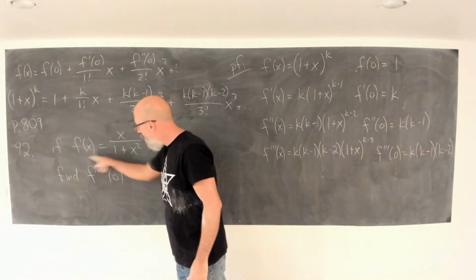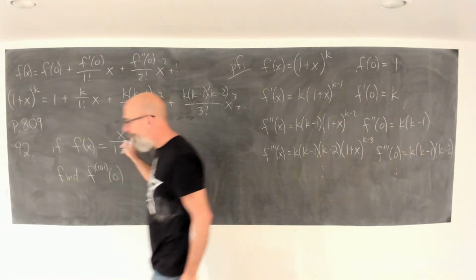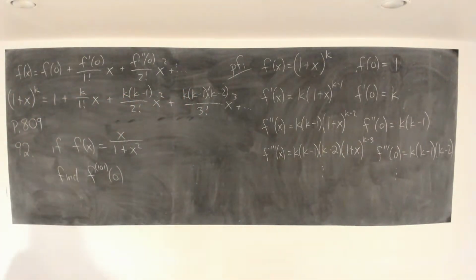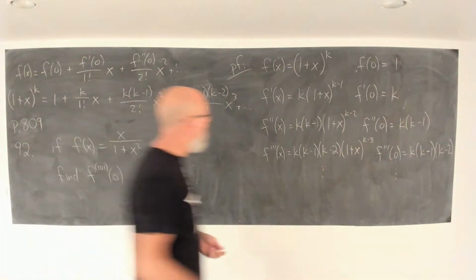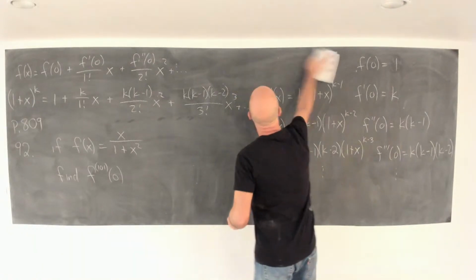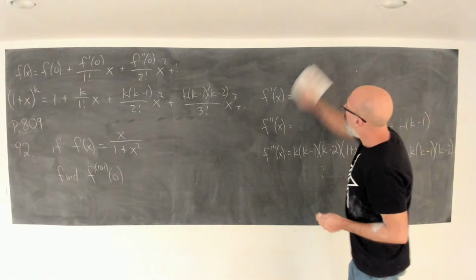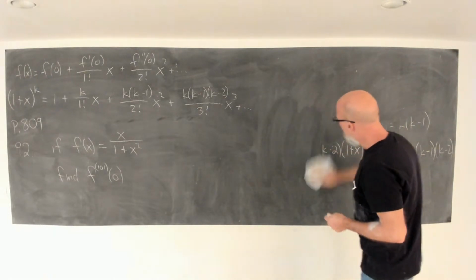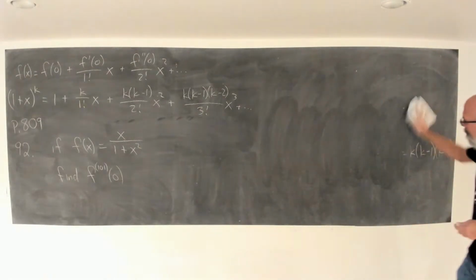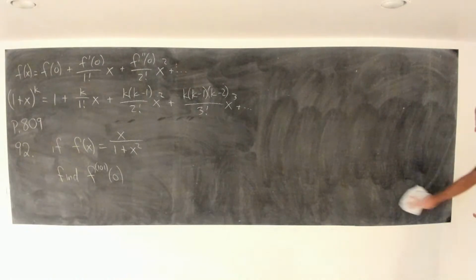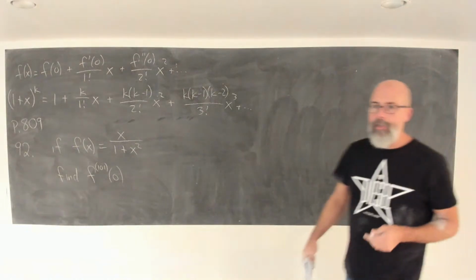You could differentiate this 101 times and then plug in 0. Assuming no mistakes were made, you'd be good to go. Seems like a lot of work. Surely there must be an easier way.